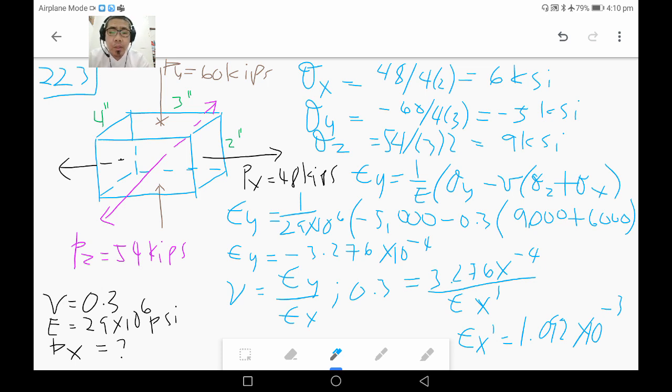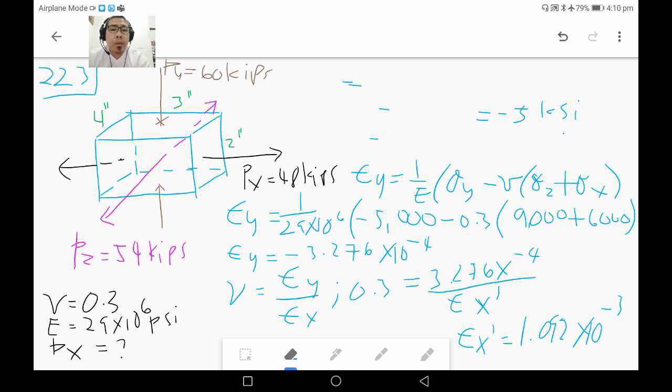So anyway, recall that strain, no? Strain is epsilon is deformation, no? Deformation or a change in length over original length, no? Ganun siya, no? Kaya wala siyang unit.